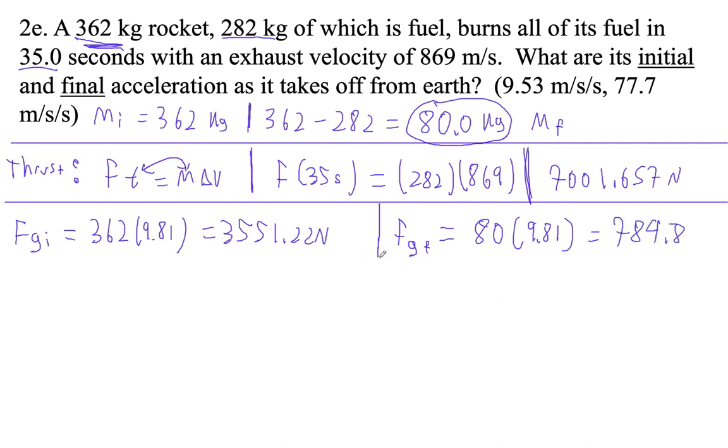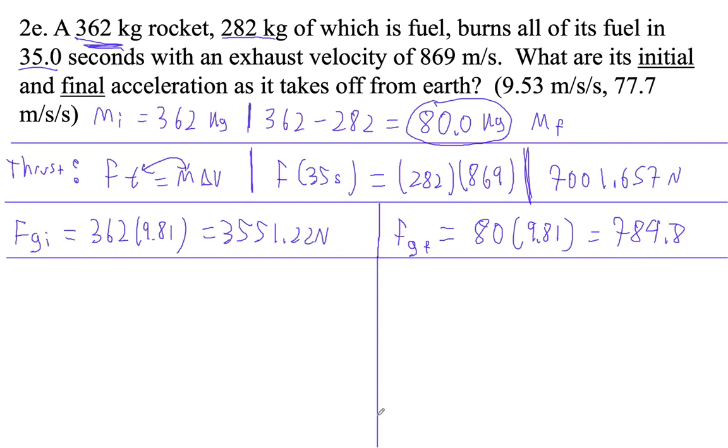All right, so now we are set. We can set up our Newton's second law, right? So initially we've got this thrust, the 7,001.657 minus this weight here. Equals 362, the initial mass, right?